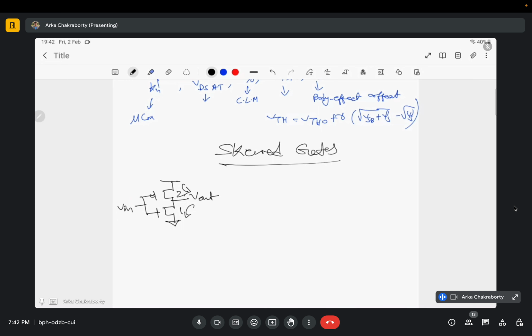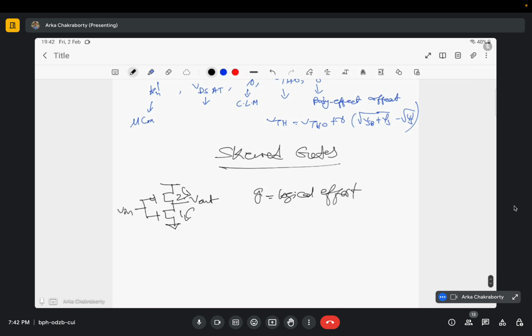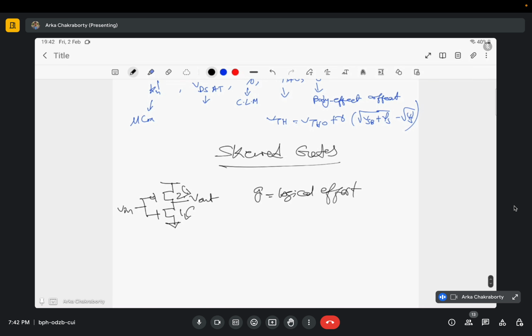You have not studied it, but there is something called logical effort, G. It is basically the ratio of all these capacitances that you see here to the capacitance of a unit inverter, where NMOS is 1 and the W of PMOS is twice that of NMOS. Generally we try to reduce this logical effort for one of the inputs, and that's why we use unbalanced, unmatched gates. We also call them skewed gates.